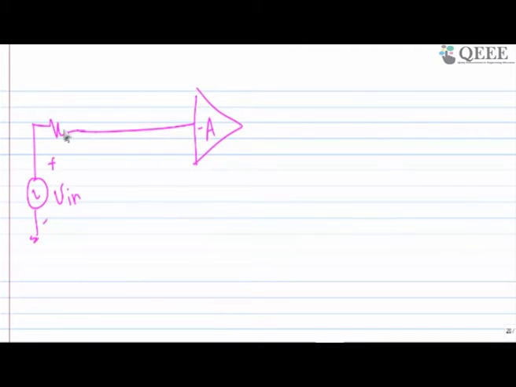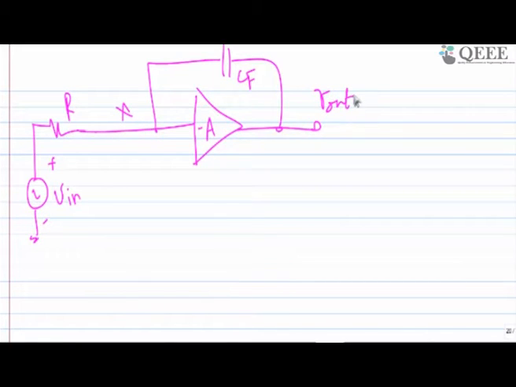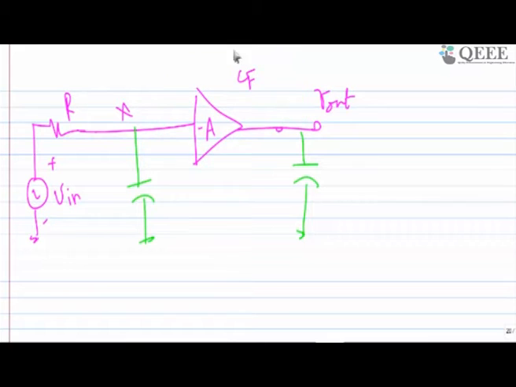So if there is an amplifier with a gain of minus A, a resistance, and an input V in, and this is CF, this is the X potential and this is V out. Instead of this, if I can decompose this capacitor into two sides instead of one, I'll be happy.